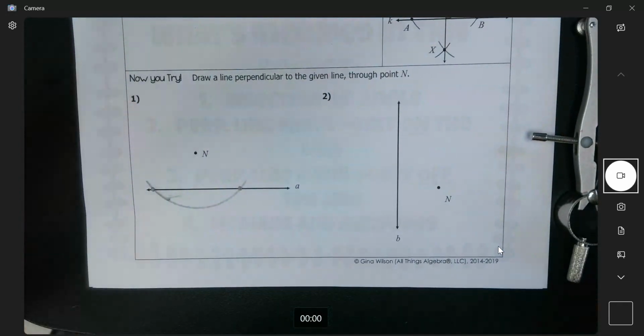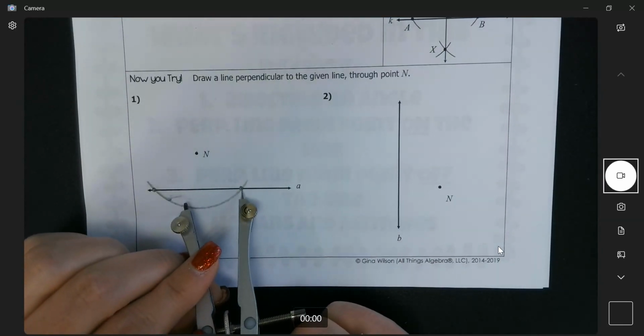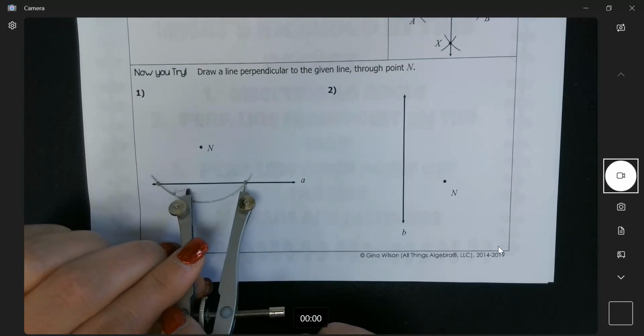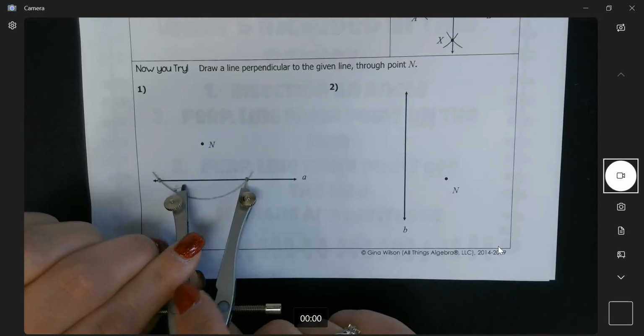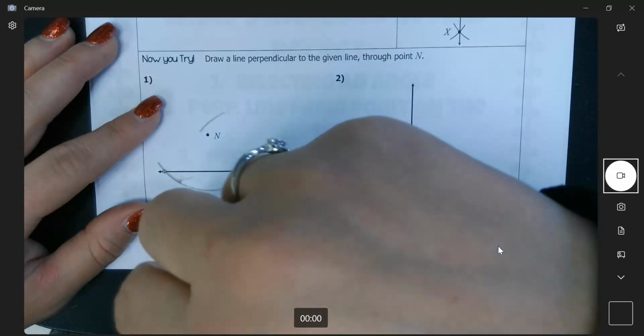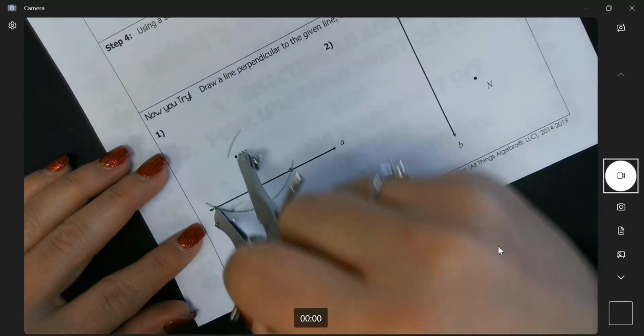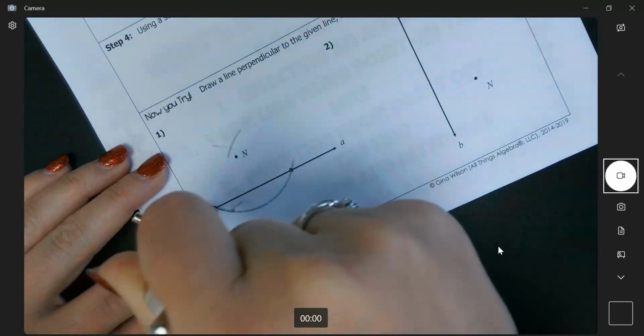There you go. And then you're doing the same steps as before. So now I'm going to take my compass, place the point here, make sure it's a little bit past N. I'm going to make mine a little wider. And draw an arc above and below the line. Then swap it and place the point of your compass on the other intersection point. Make an arc above, below.